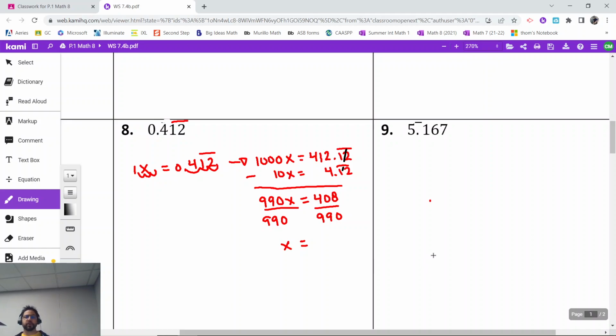All right, we definitely know it can divide by 2 because it's an even number. So let's see, that would be a 204.